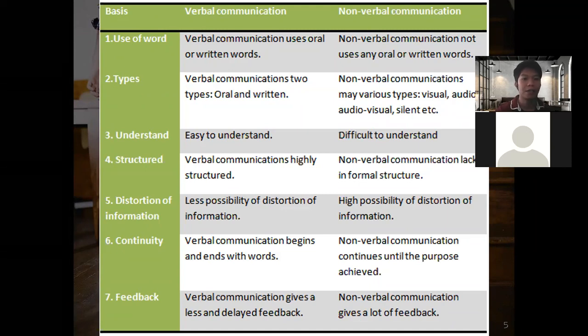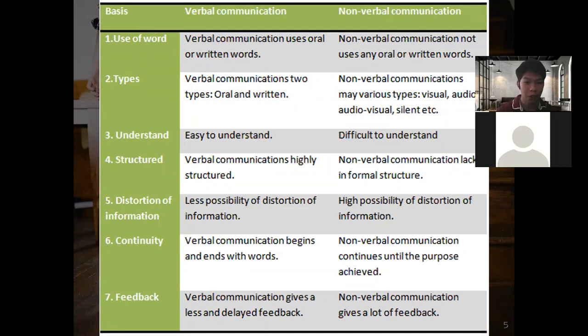So the way to understand: verbal communication is easy to understand, while nonverbal communication is difficult to understand since there's no linguistic system when it comes to nonverbal communication. Although there are shared meanings when it comes to our gestures and our facial expressions, basically there's no linguistic system when it comes to nonverbal communication except for sign language for the deaf-mute.